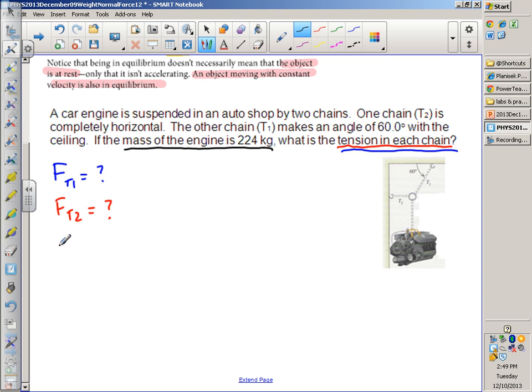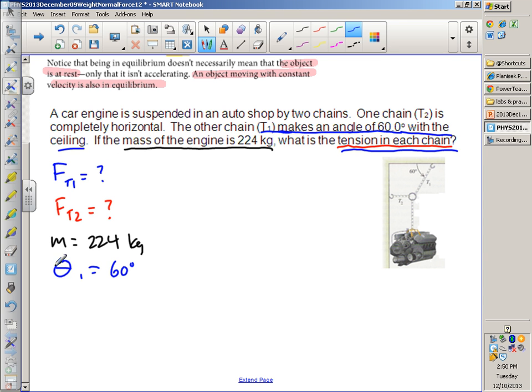Mass of the engine, 224 kilograms. And then it gives us a little bit of information about chain labeled T1, 60 degrees with the ceiling. So I'm going to call that theta 1, right? I'm going to use that theta symbol to represent angles. So theta 1 is equal to 60 degrees. Okay?